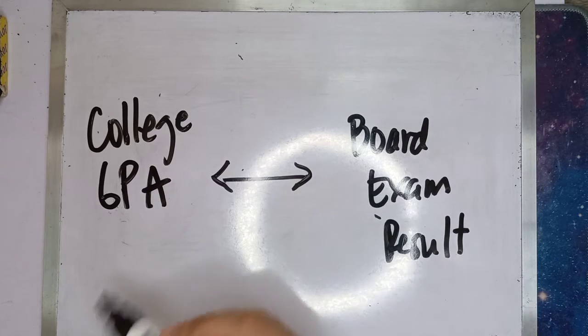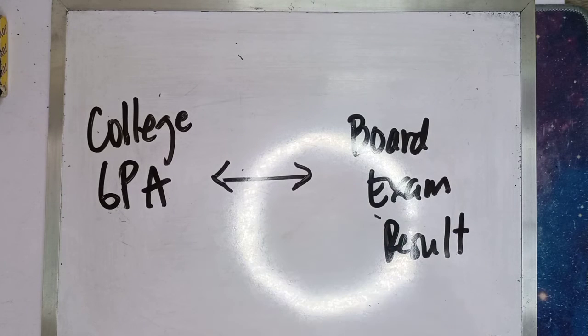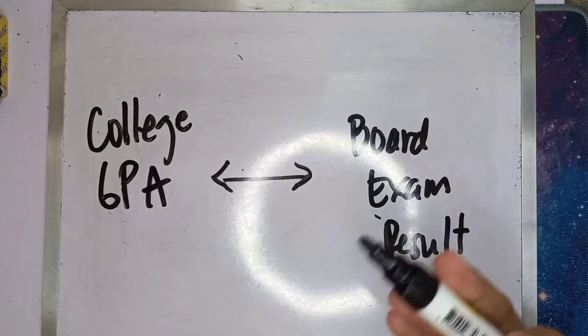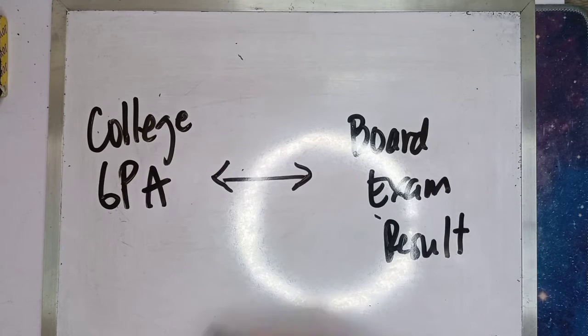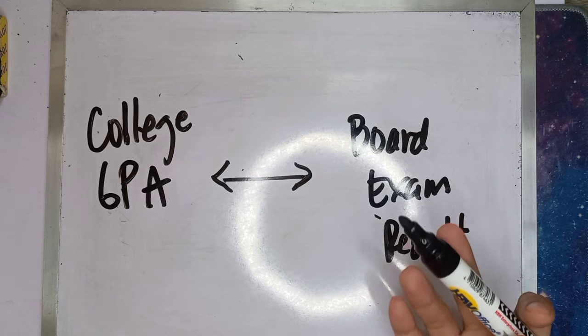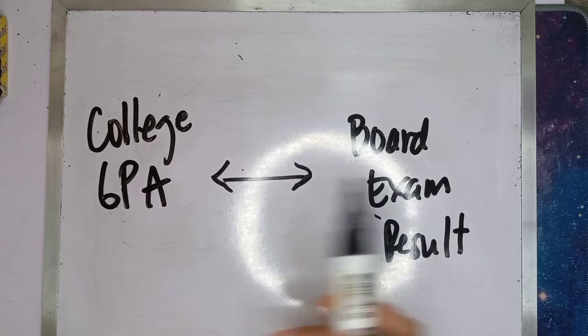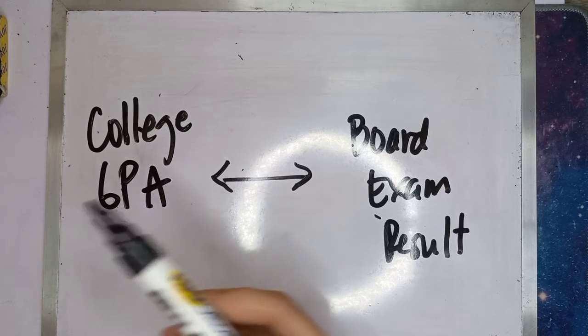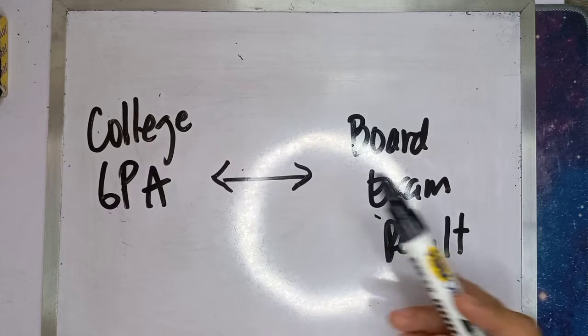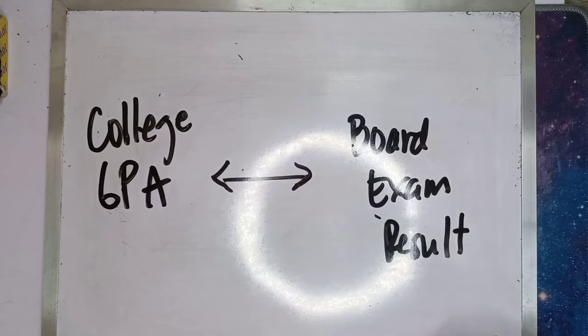Okay, lumabas nung ikaw ay nag-compute, halimbawa nung correlation, linear correlation, lumabas na they have a high correlation. So, since they are correlated, pwede na nating i-pursue yung pag-compute natin ng regression if we want to determine kung predictor ba ng halimbawa nung board exam yung college GPA.